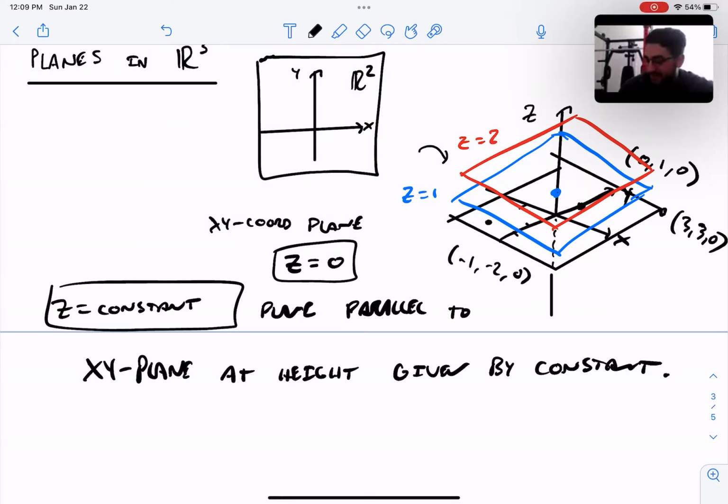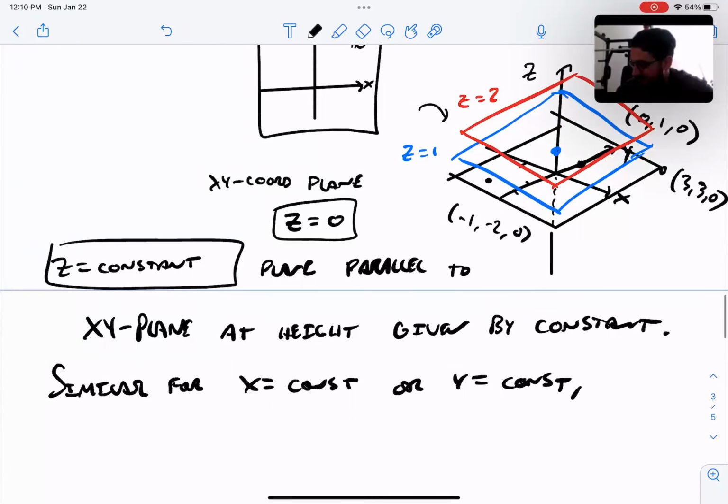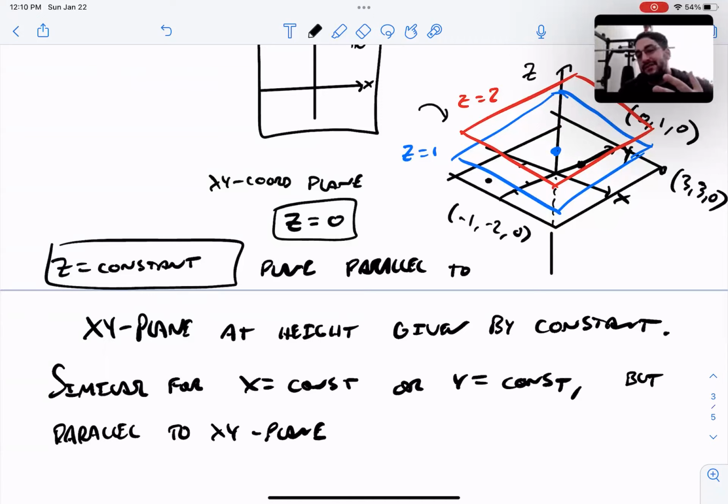And then very similar, if you have x equals a constant or y equals a constant, except instead of being parallel to the xy plane, if you set x equal to a constant, say you pick all the points that have x coordinate equal to 3, that's now going to be 3 units removed from the yz plane, but parallel to the yz plane.